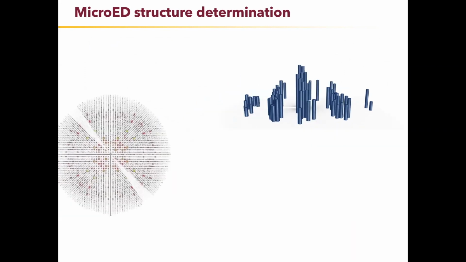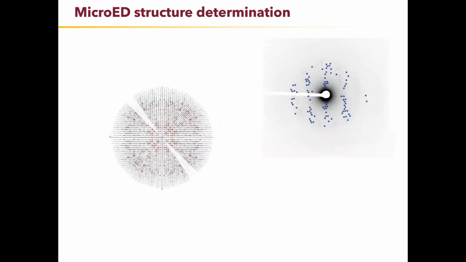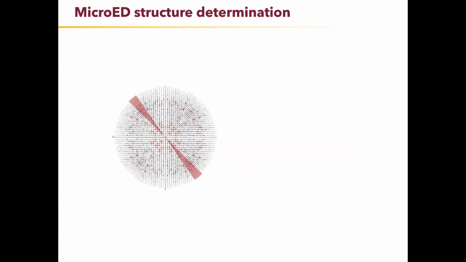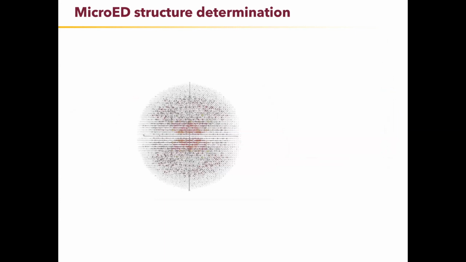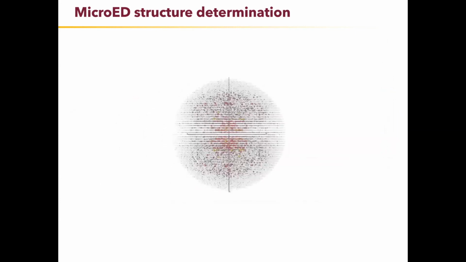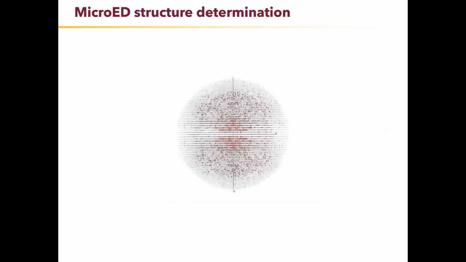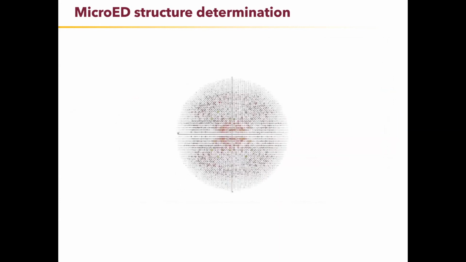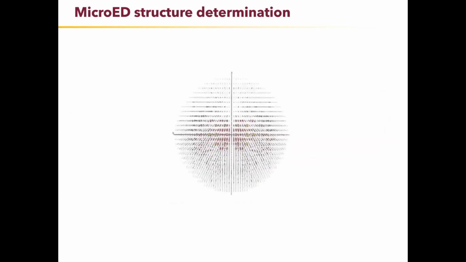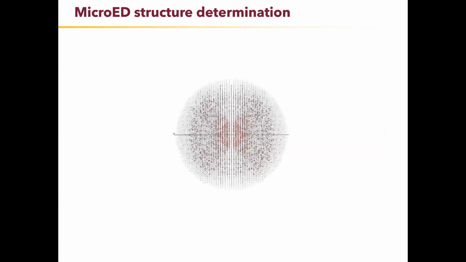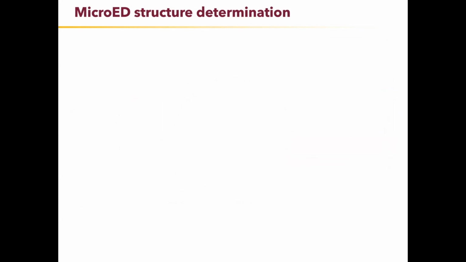That would then be merged together in a full data set that would span, in this case, almost 100% completeness for reciprocal space. And so you'd have all the intensities and all your H, K, and Ls in a final data set. Now you could take that final data set, and like I said before, just put it through regular crystallographic processing programs to solve a structure.